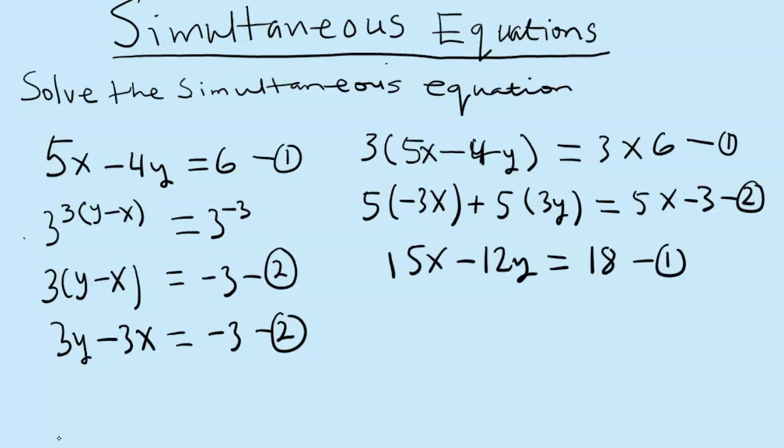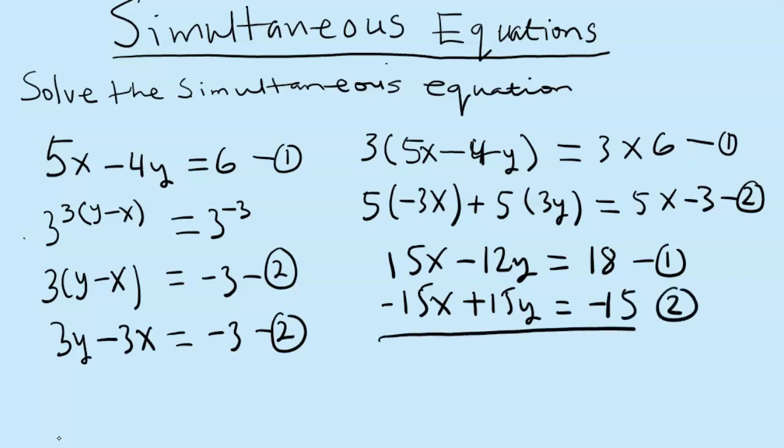So this is equation 1. And then here 5 times -3x will give us -15x, and here 5 times 3 gives 15y, and here we get -15, and this is equation 2.